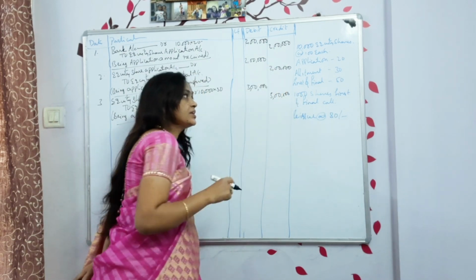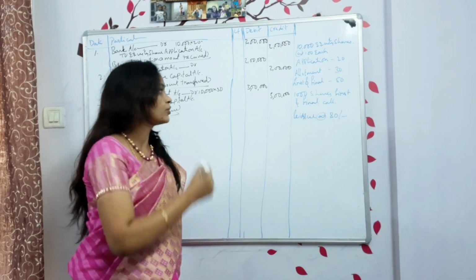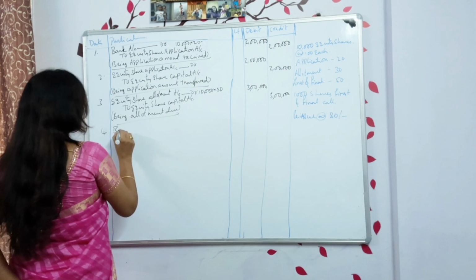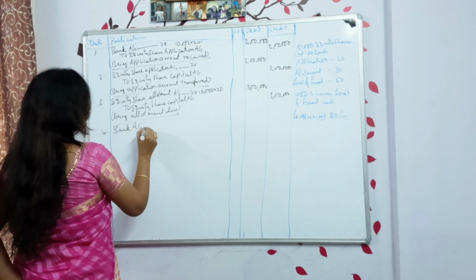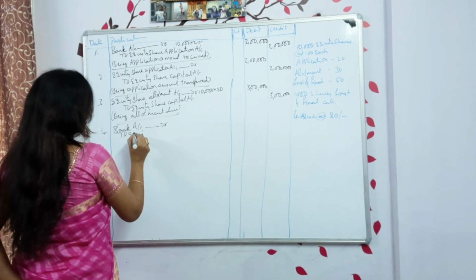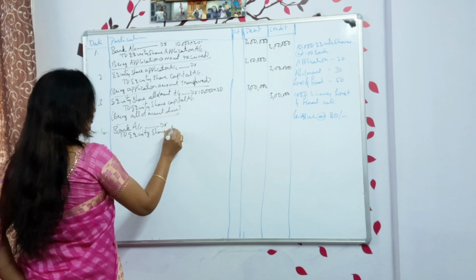Are there any call scenarios in allotment? No, we have them only in the first and final call, so you can write the direct journal here. When you receive the amount, bank account debit to equity share allotment account.